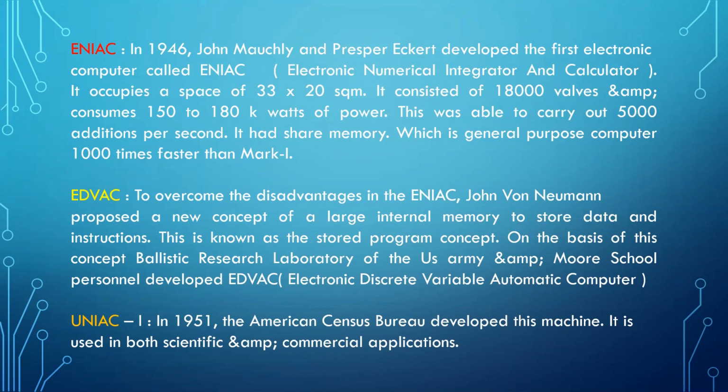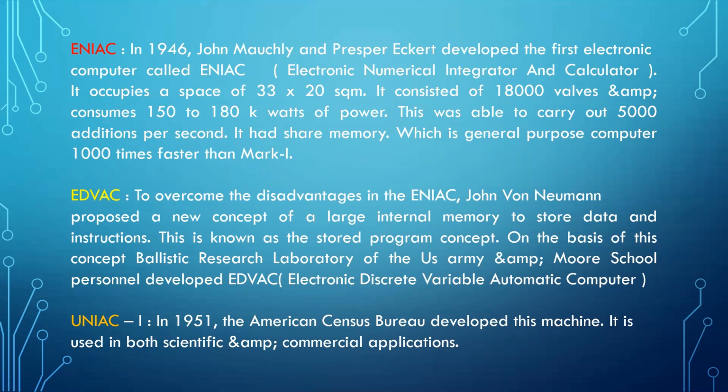That's why we call Charles Babbage the father of computers. If you observe, the space required to keep this ENIAC was 33 by 20 square meters. A big hall was required to keep the computer because it was an open circuit computer.